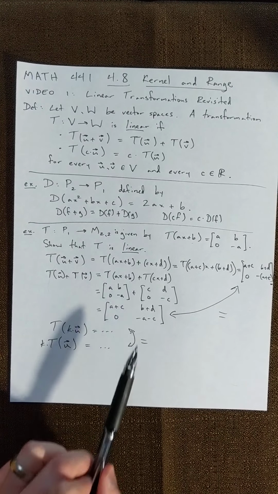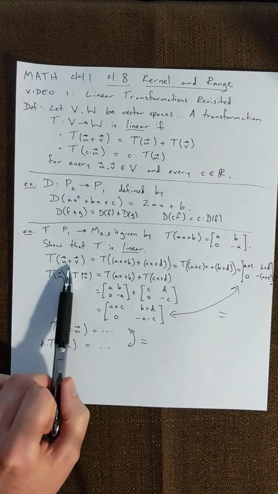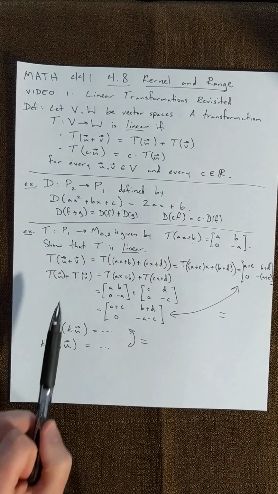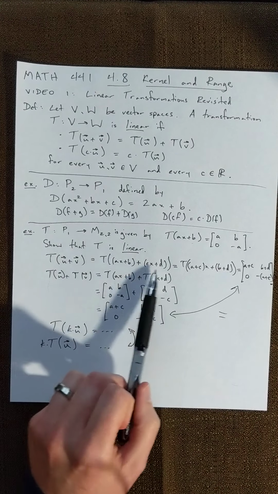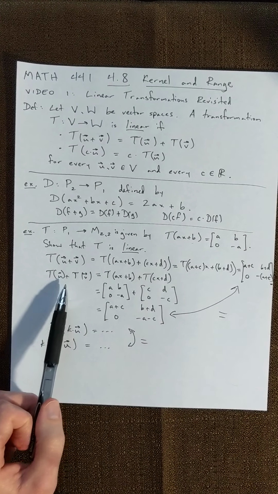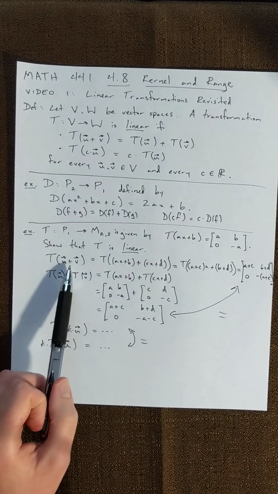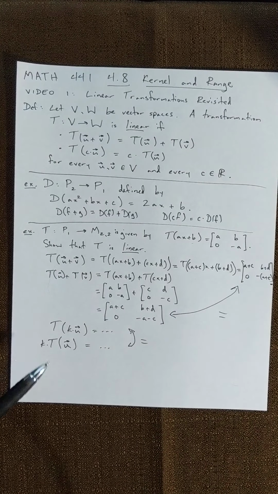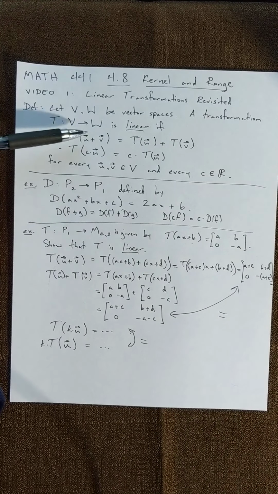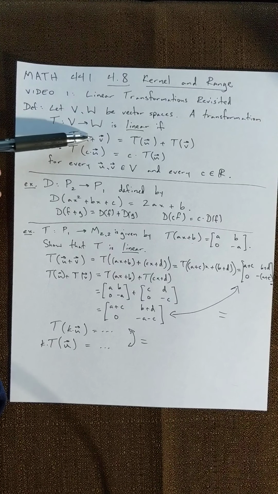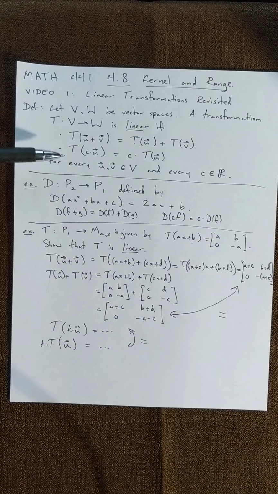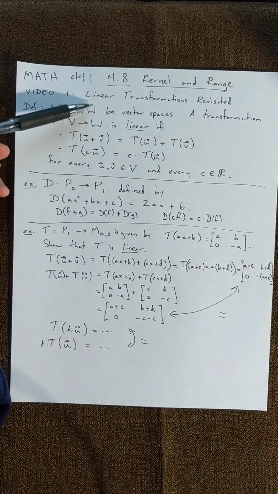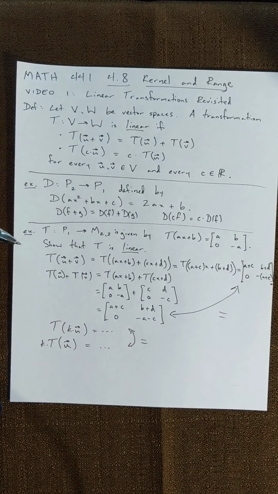So this is the sum in the set P1, whatever it means to add things in P1. We add polynomials differently than we add matrices. Matrices, we add corresponding components. Polynomials, we have to combine like terms. They're similar, but they're not exactly the same. So that's essentially what we mean when we say that the transformation acts nicely with sums. The sum in vector space V is compatible with the sum in vector space W after you take this transformation.